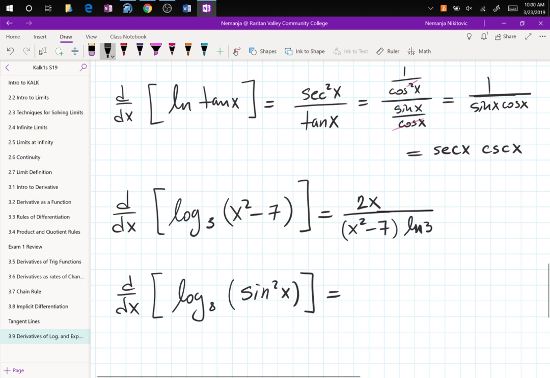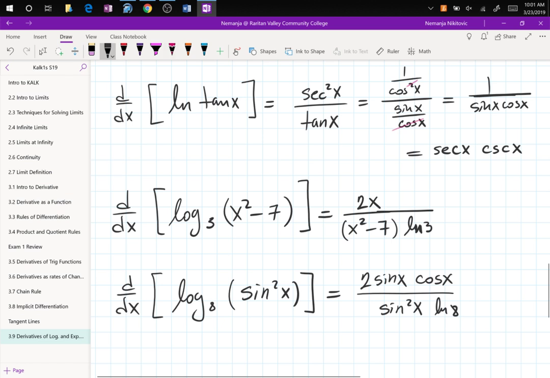So we introduce the annoyance of a chain rule within this one. So we know that we are going to copy sine squared x in the denominator, and we need ln 8 in the denominator, and we need the derivative of sine squared x on top. That will be 2 sine x times the derivative of the inside, which is cosine x.